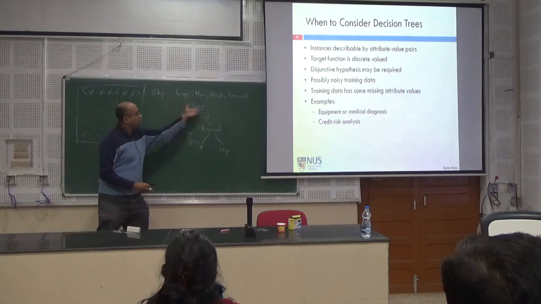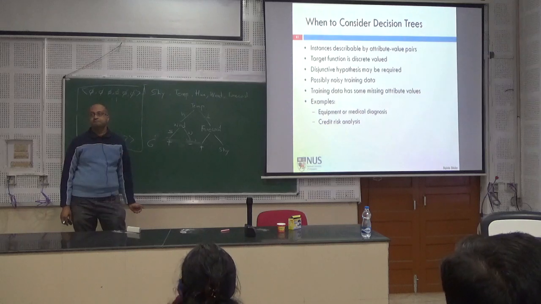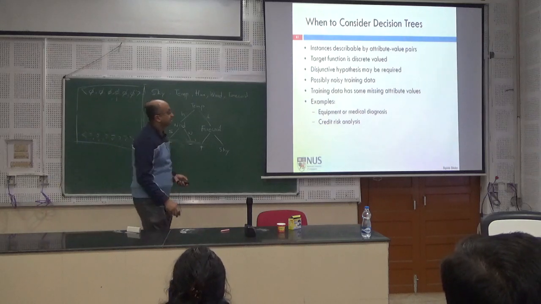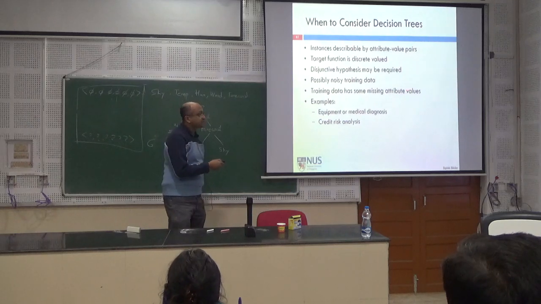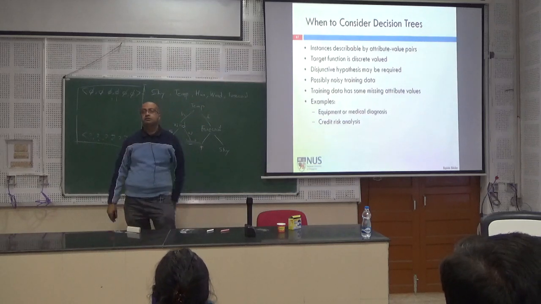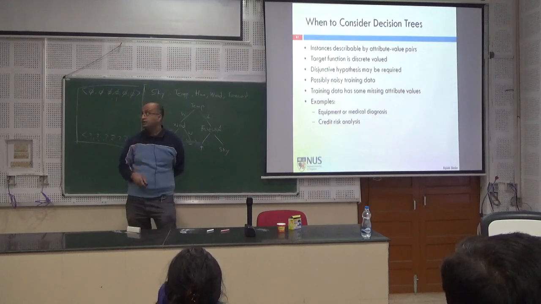So this or this will give you a positive answer. We could do disjunctive things also. And sometimes, even when training data has some missing attribute values, you can still live with it. Not a problem. And we'll see how we handle that in the end, if we have time.